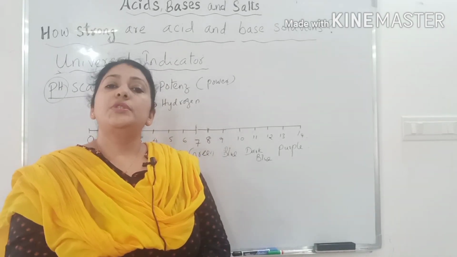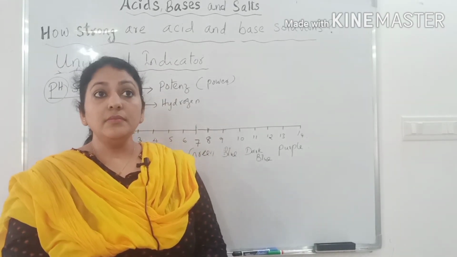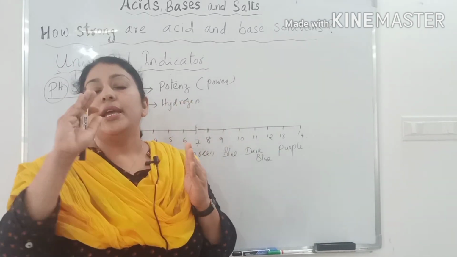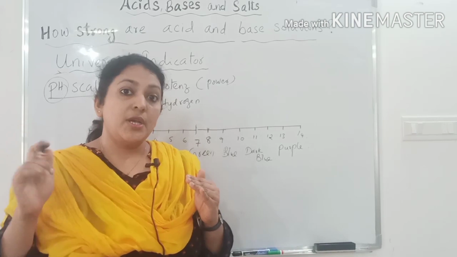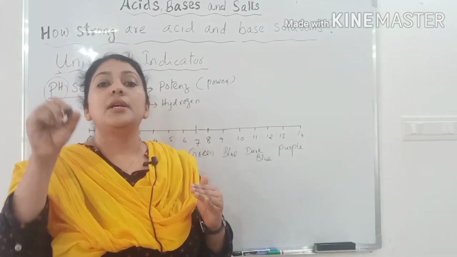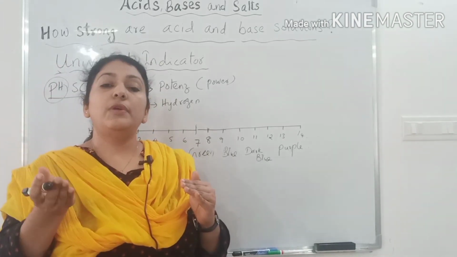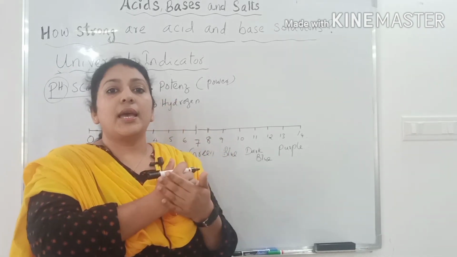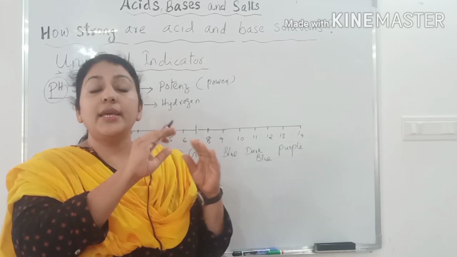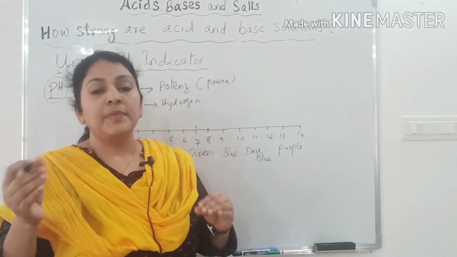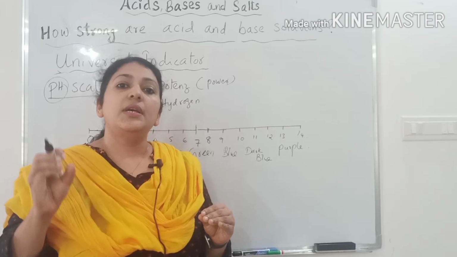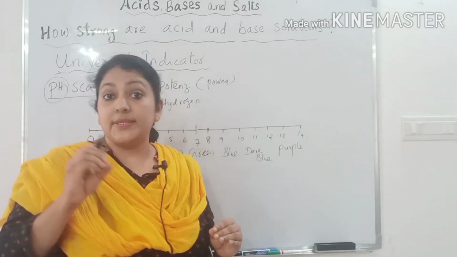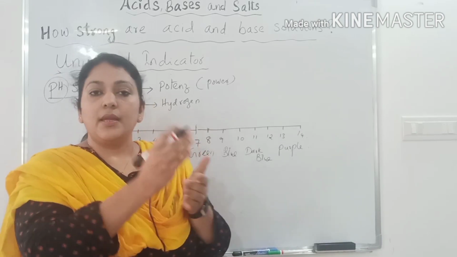For example, hydrochloric acid in aqueous solution completely ionizes into H plus ions and Cl minus ions, so the number of H plus ions produced per unit volume is more. A weak acid like carbonic acid only partially ionizes, so the number of H plus ions produced per unit volume is less compared to a strong acid.